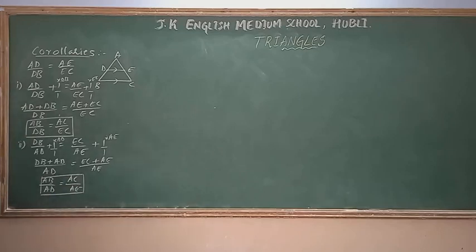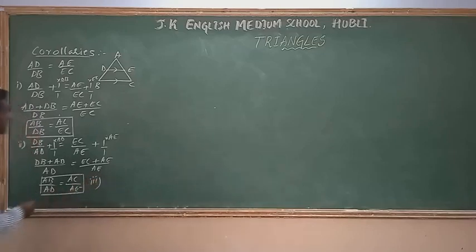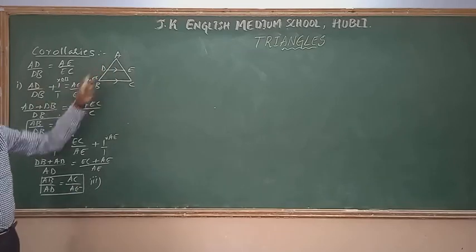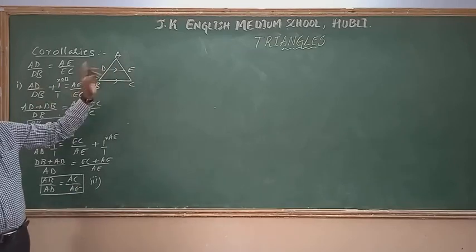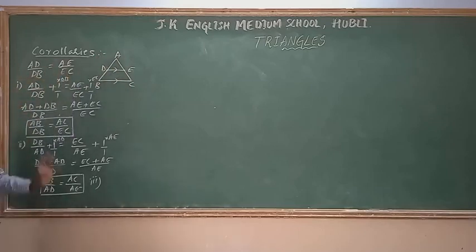One more is there, the third one. So let me write it down here. Let us compare here. This parallel line divides this big triangle into one small triangle as well as one big triangle. So how to take the ratio?